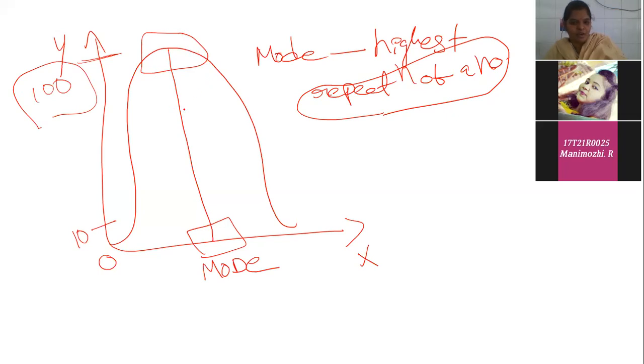Am I right or not? You just write down point 1: Mode would be the value on the x-axis which corresponds to the maximum frequency on the y-axis.